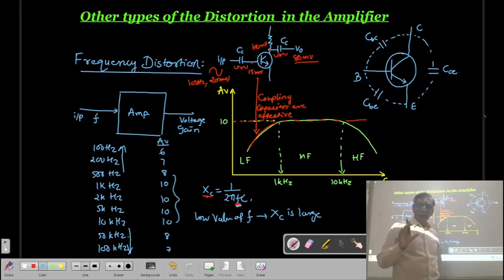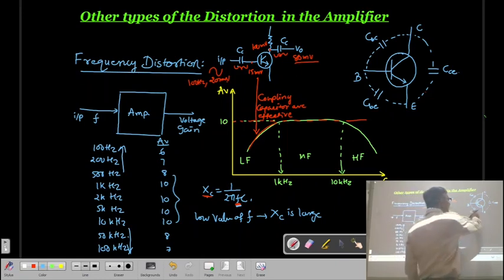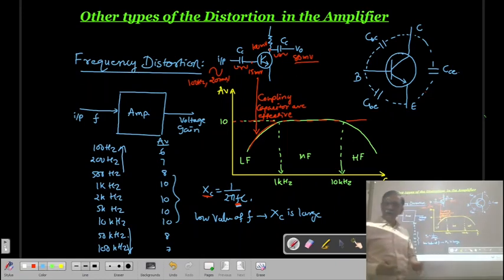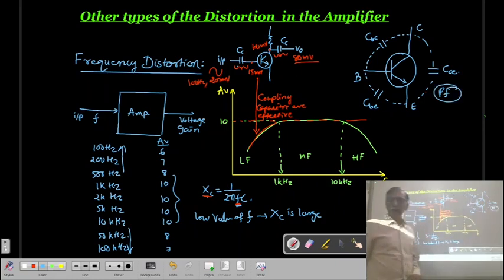Remember, actually there is no capacitor at all. But whatever the junction is there, this junction behaves like a capacitor. So these three capacitors are going to be effective, and no doubt the value of these capacitors will be very small. It will be in the order of picofarad.